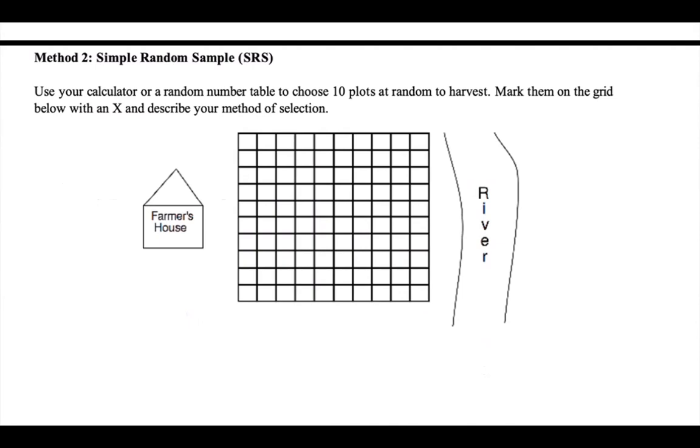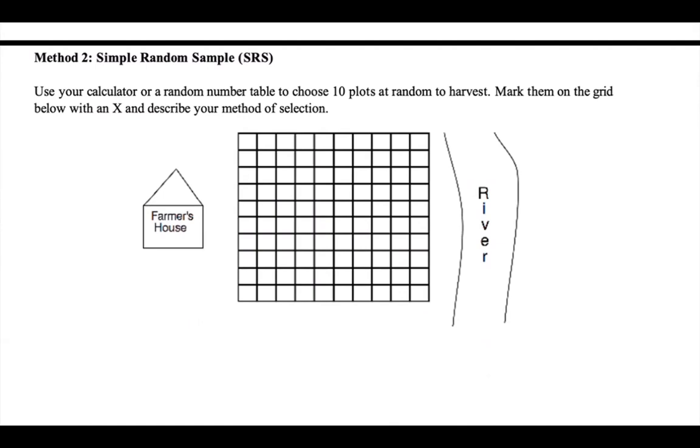How would I do this one? No longer convenient. So what would I do for an SRS? I'm not asking you which ones I would pick. I'm saying what would be my system?